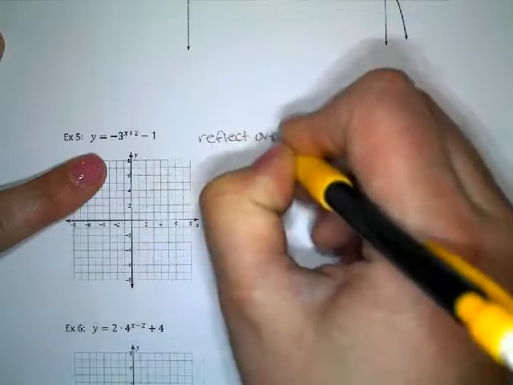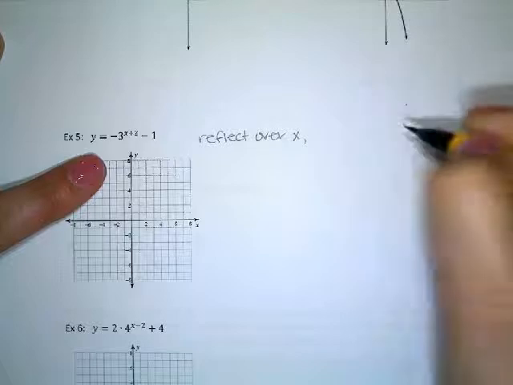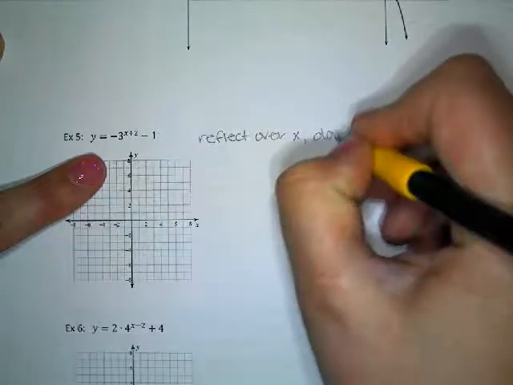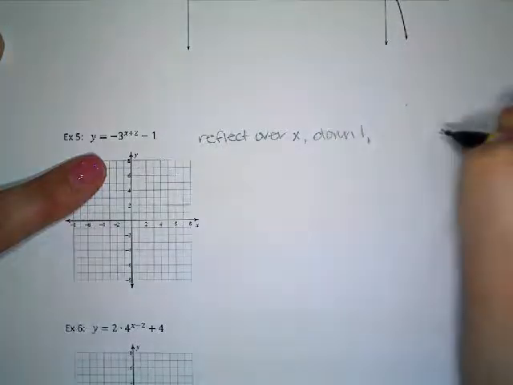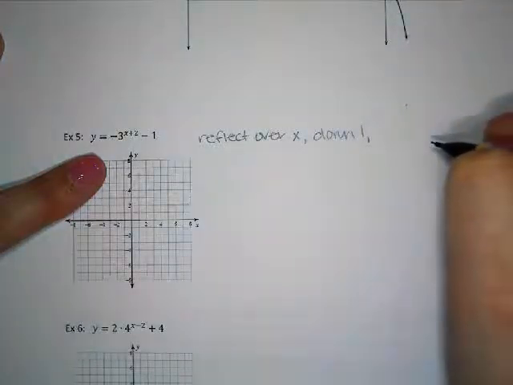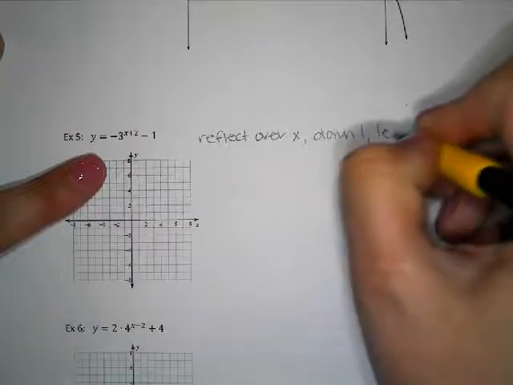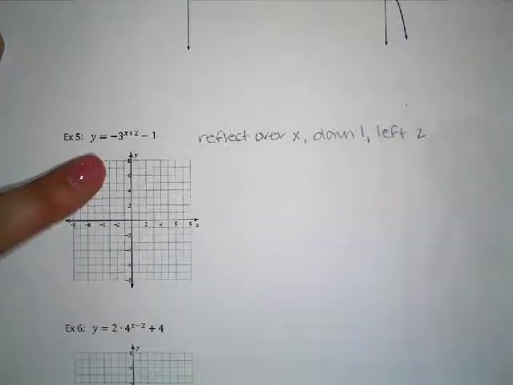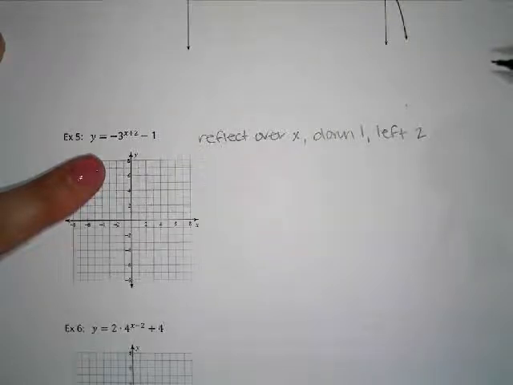Okay. Down 1. Left 2. Does it have a vertical stretch of 3? Yes or no? No. What's the parent graph?